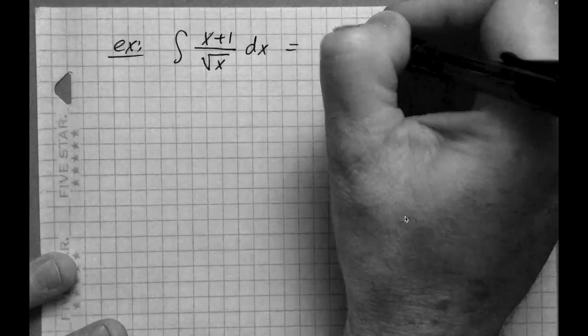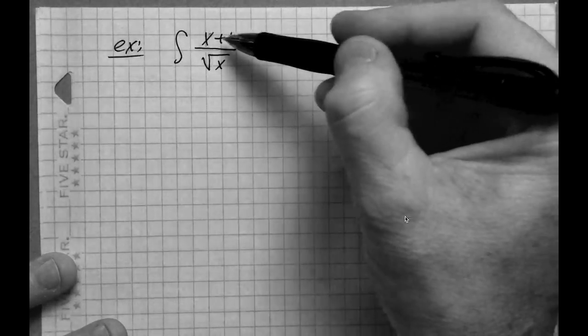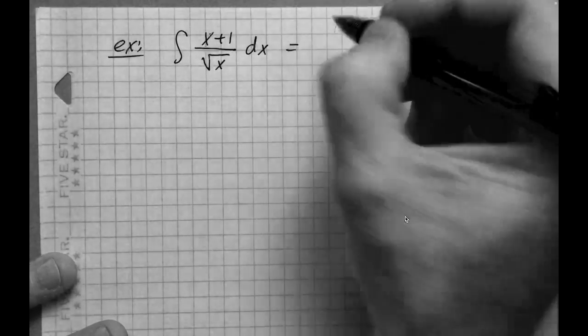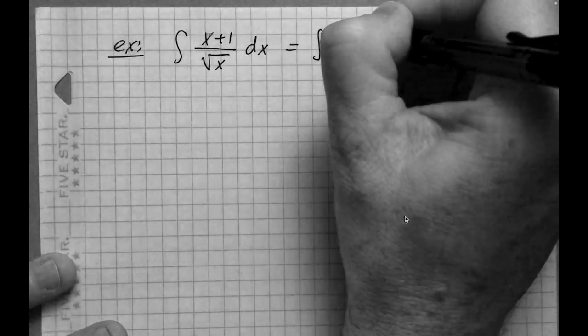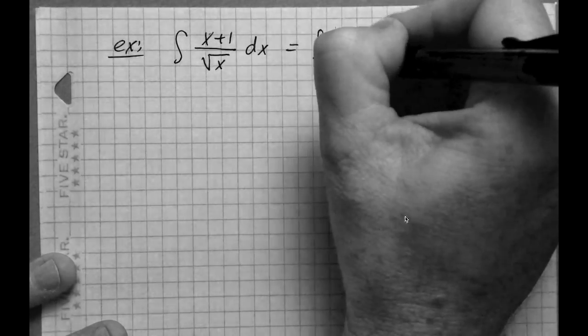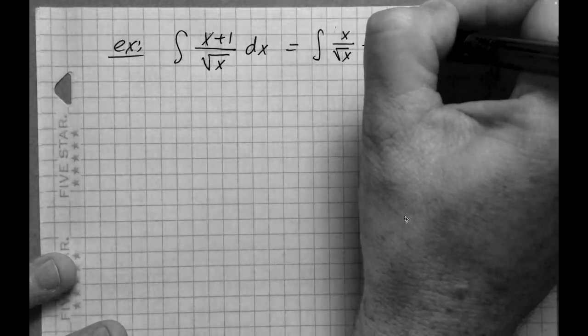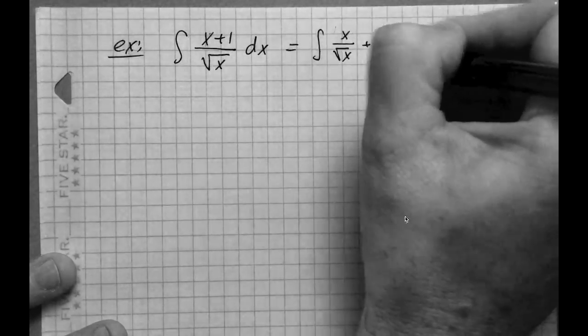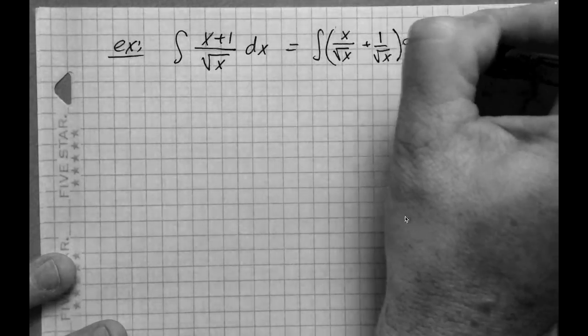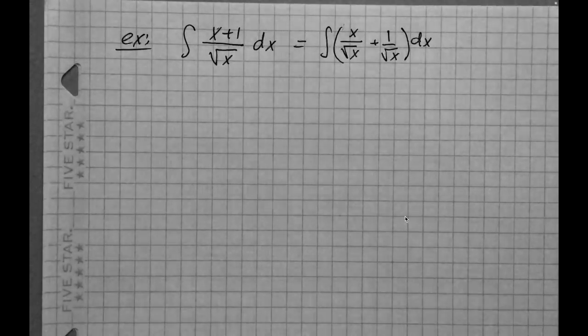Okay, and so the nice thing about this is you've got the numerator as a sum, so you can break this up as fractions. So you can look at it like this: x over the square root of x plus 1 over the square root of x. Right, that's just rewriting the integrand.